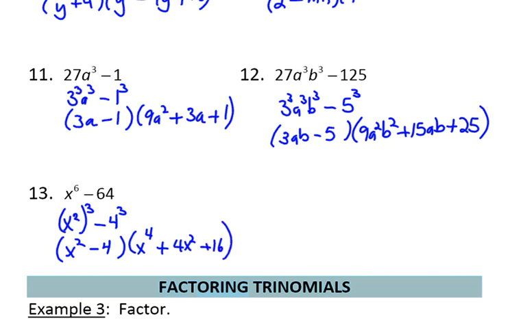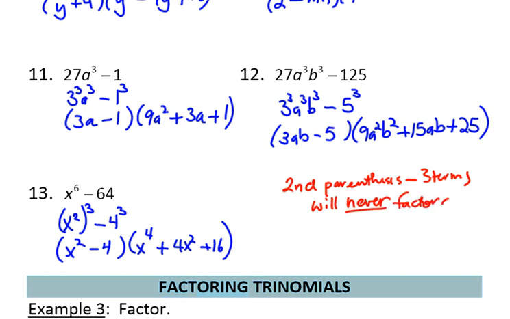And I should make a note right here, a couple of things. The second parentheses, the one that has 3 terms, will never factor again. So you don't even have to think about that.